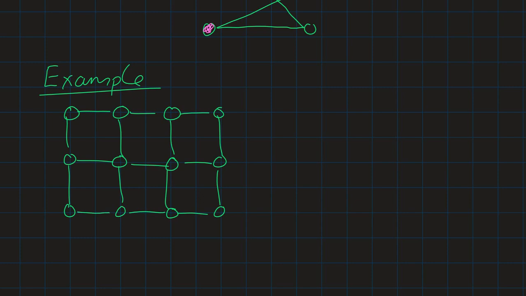And the question is, is this graph bipartite? Well, the way you test it is you try and find a two colouring. Is it possible to colour this with 2 colours? And I think it is. No pink vertex is touching another pink vertex. No black vertex is connected to a black vertex. So it's two colourable. Thus, it is bipartite.